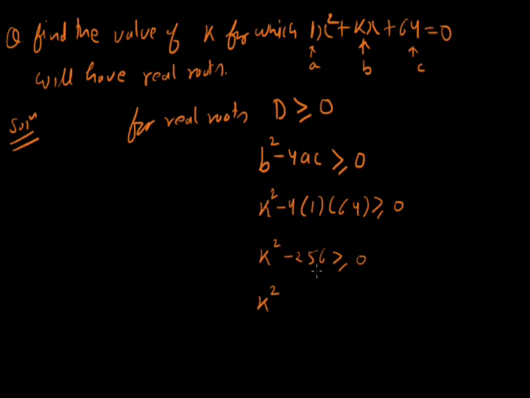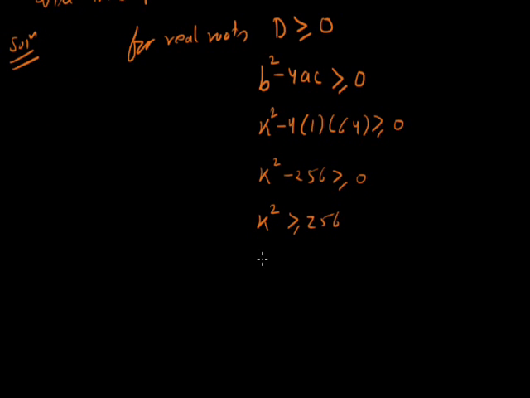So I shift minus 256 to the right hand side. It becomes positive. So k square should be greater than or equal to 256.